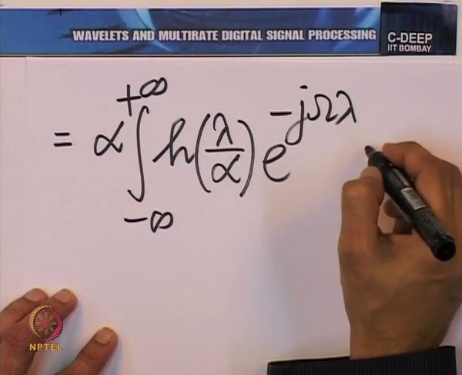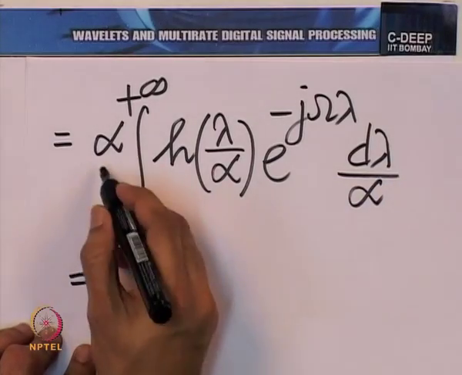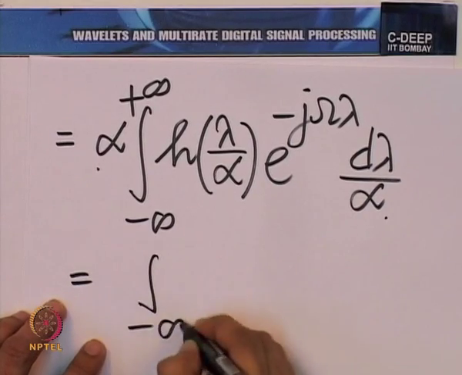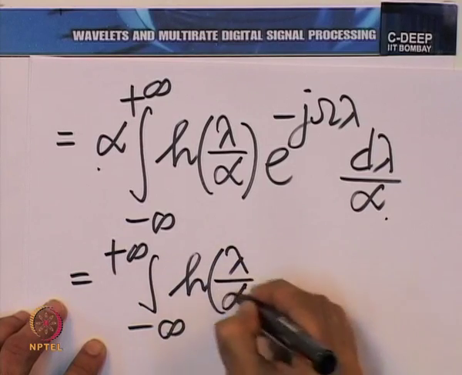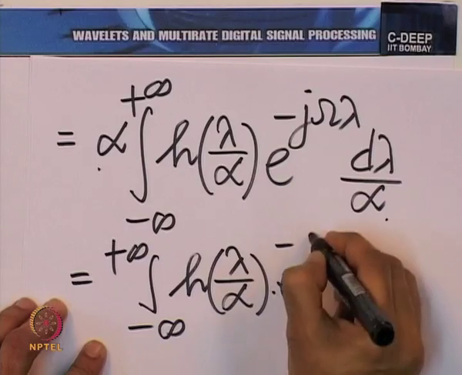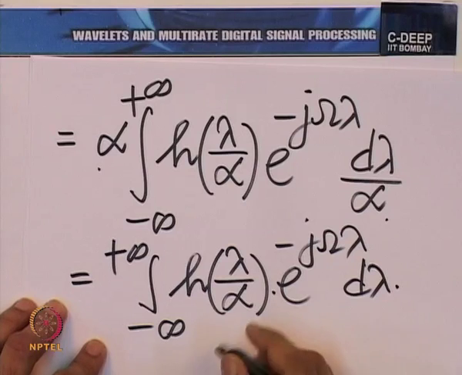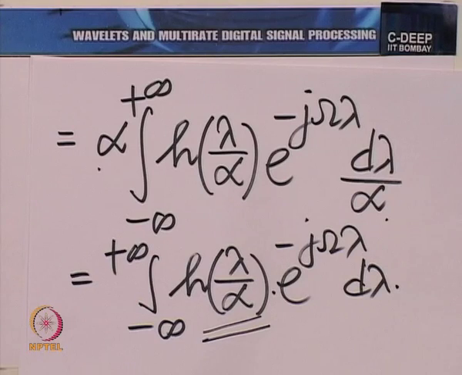Now, dt is d lambda by alpha, and now, if we just cancel the alpha here and the alpha here, we get integral from minus to plus infinity h lambda by alpha e raised to the power minus j omega lambda d lambda, which is essentially the Fourier transform of h of lambda by alpha as the argument.